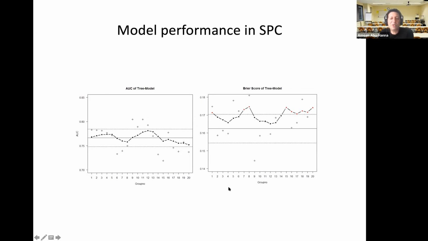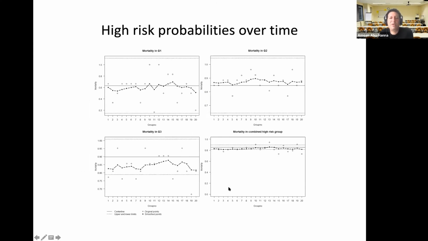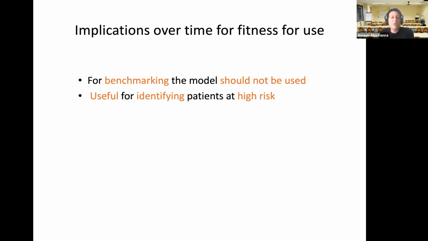So what's the conclusion? We also looked at the high-risk groups over time, and they were stable. So the conclusion is about things like benchmarking. I didn't talk about it, but benchmarking is the task of comparing different units, for example intensive care units, with each other about their quality.